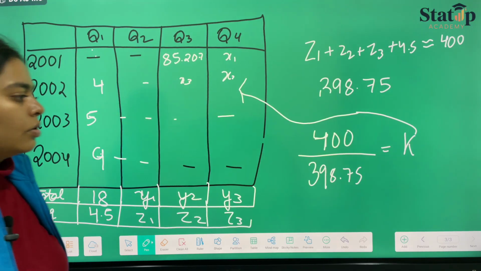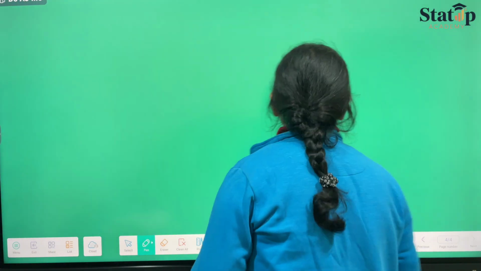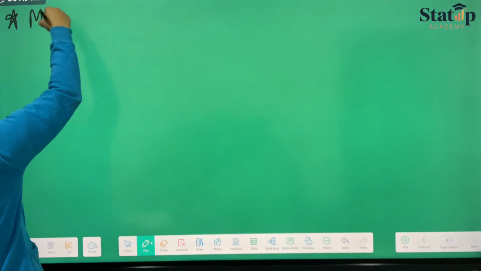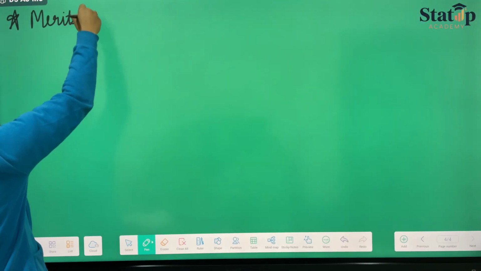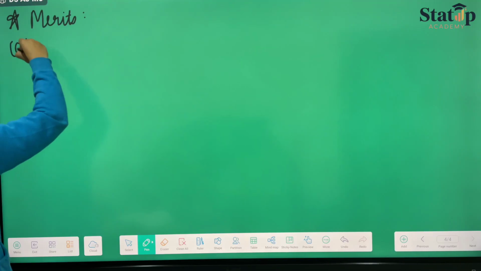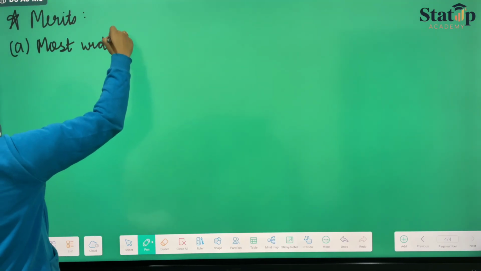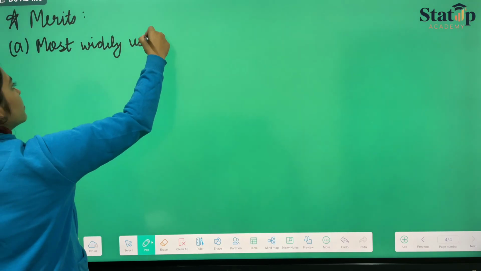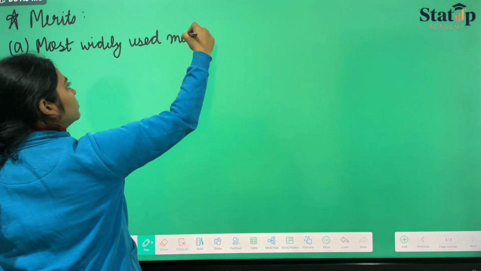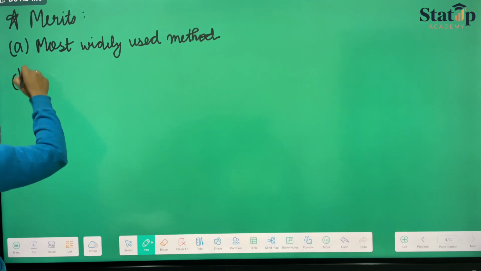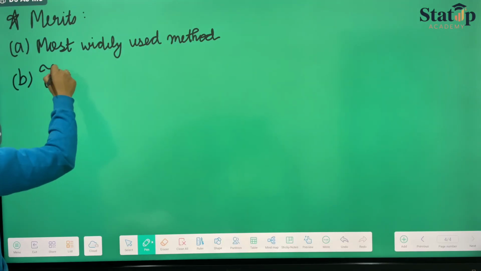Okay. So now this method has merits and demerits. What are the merits? This is the most widely used method. This is a flexible method.